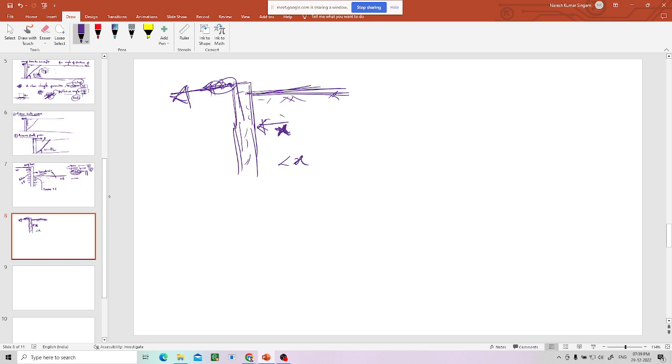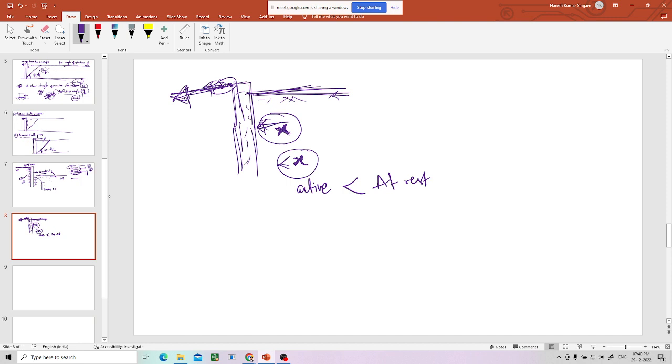Just before failure, whatever the pressure from the soil is, it is less than X, because you have already released some of the pressure which is there when it is not moving. That's why active is less than at rest.